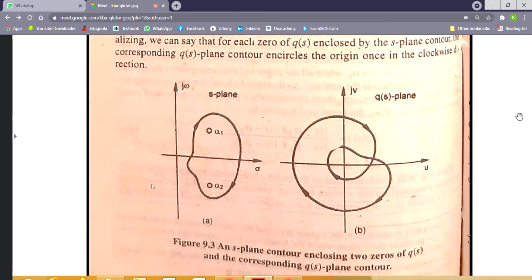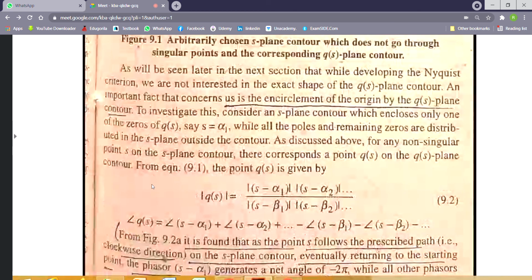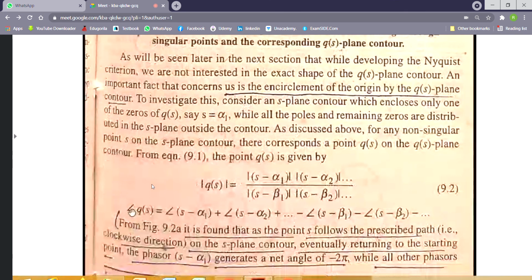So let's get back to this equation. Delta QS will be equal to minus 2 pi because alpha 1 is being enclosed by this contour, minus another 2 pi because alpha 2, the second zero, is now being enclosed by the S plane contour. So delta QS will be equal to 2 into minus 2 pi.